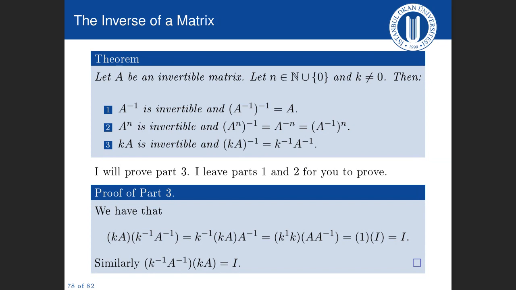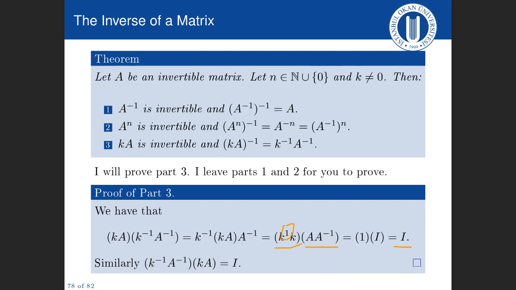So this is just the same as, there's a typo here, this should be minus 1, k inverse k multiplied by A inverse. 1 multiplied by I is I. And similarly, k inverse A inverse multiplied by kA, we can find is I. That proves that k inverse A inverse is the inverse of kA, all inverse.